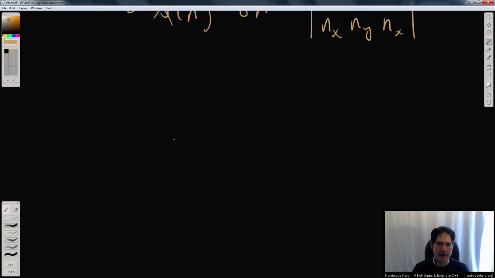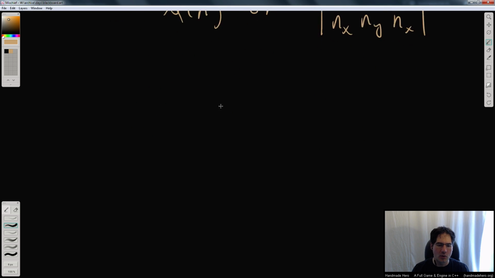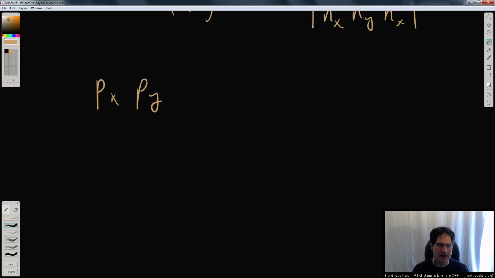Okay. So what was I doing before, in terms of constructing these p vectors? Well, we had stuff that was in 2D. So I had a px and a py. These were points in space. And what I wanted to do was start treating these points as if they were in some coordinate system.